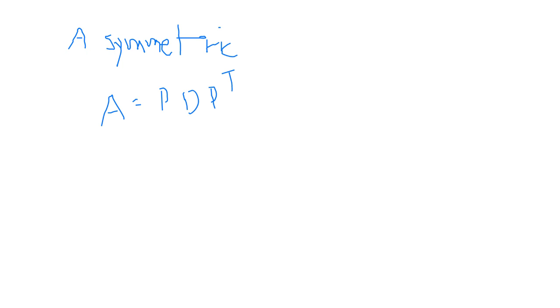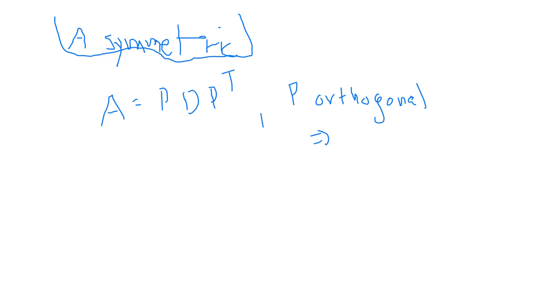In other words, we can find an orthogonal matrix P. And if P is orthogonal, this means that P transpose is equal to P inverse. That's the beauty of an orthogonal matrix.